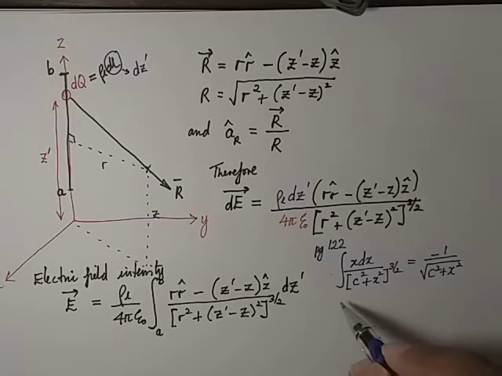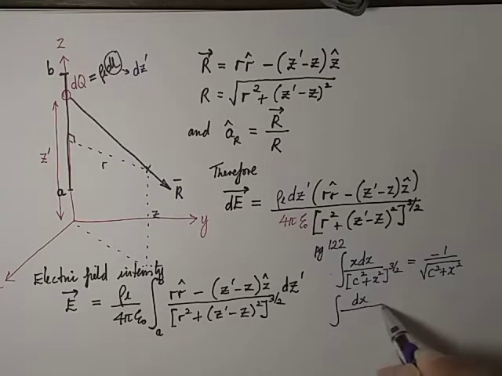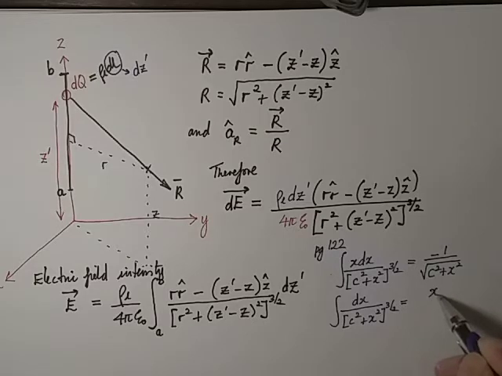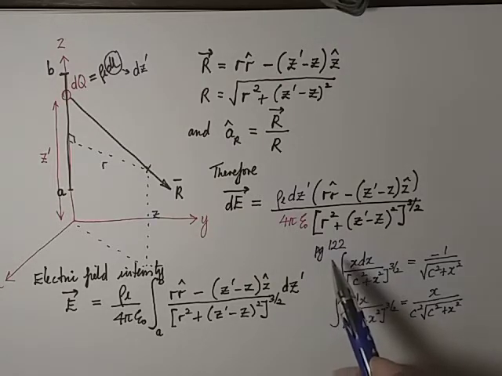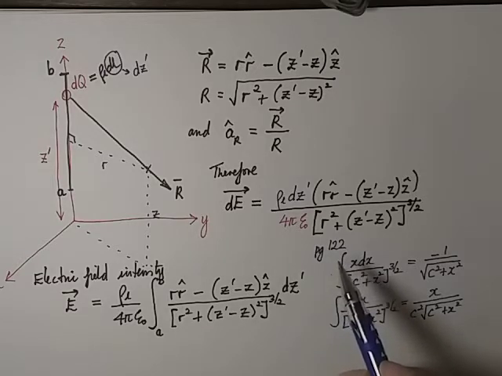If I have another pattern, for example dx over c squared plus x squared power of 3 over 2, where c is the constant here, this has the solution given as x divided by c squared times the square root of c squared plus x squared. That's the standard table given on page 122 of our textbook.